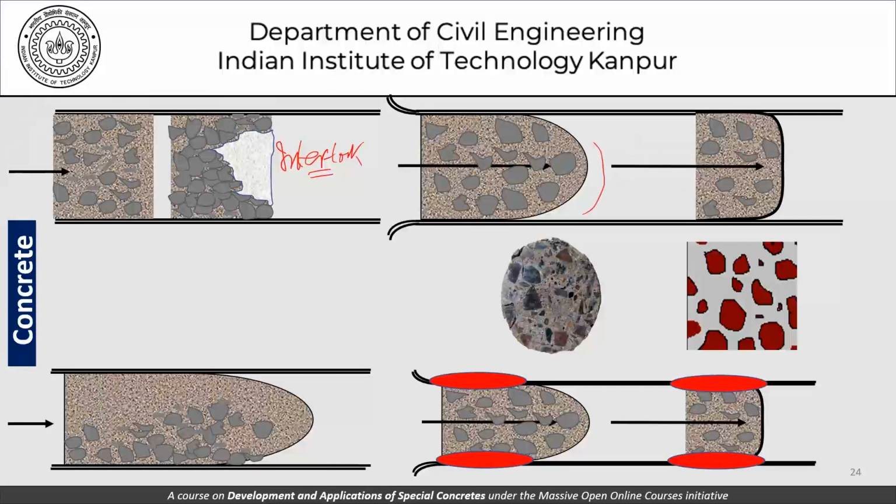Now, whether this kind of a profile develops or this kind of a profile develops depends on what happens at the interfaces. That's what is shown here. This shows segregation of aggregate, that is, the mortar component of this concrete could not support these coarse aggregates here, which have settled down. And all this discussion here relates really to a concrete which is something like this, which has been modeled something like this here.